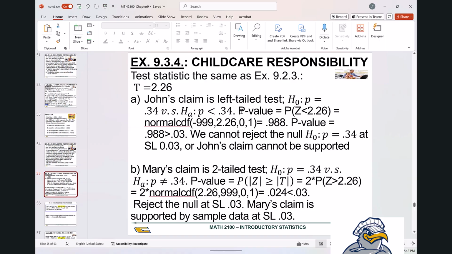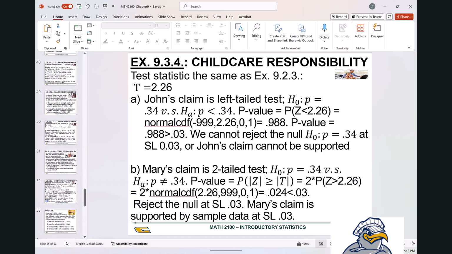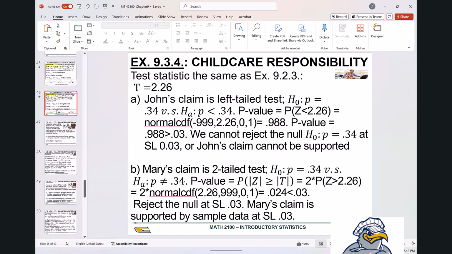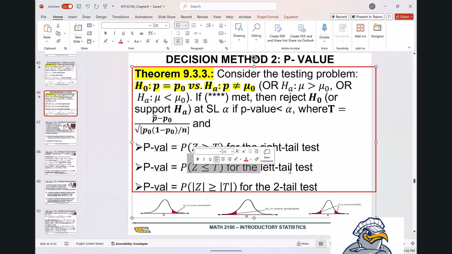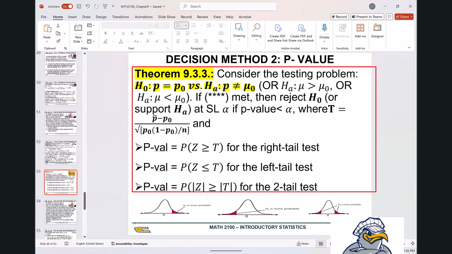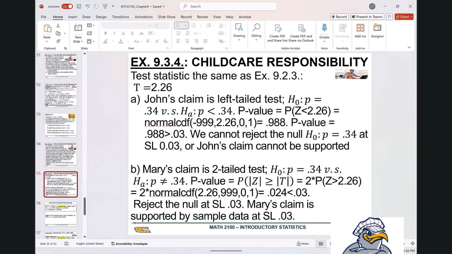So here, in this case, because we work with the left tail test, the p-value for John's case will be the probability of Z less than T. So this is a left tail test here, which means it will be Z less than 2.6.